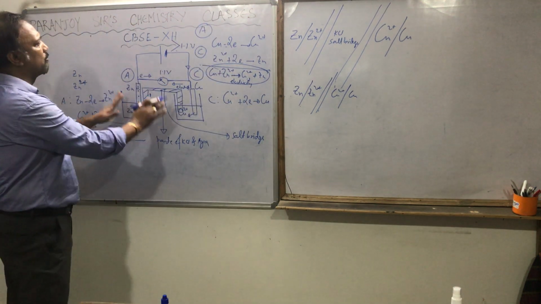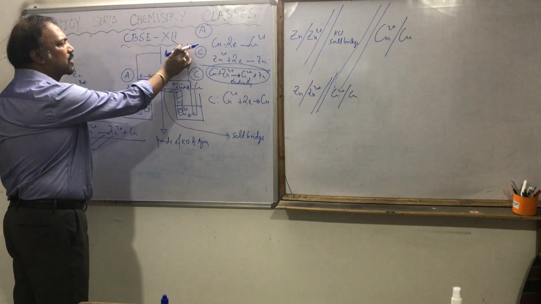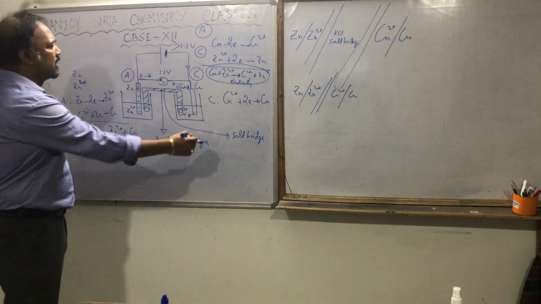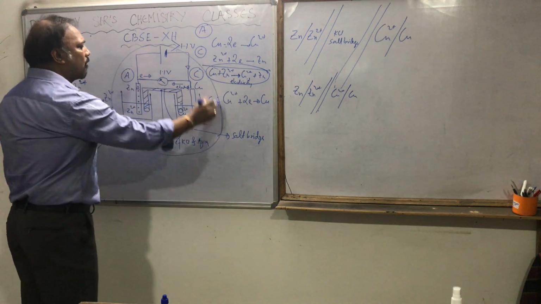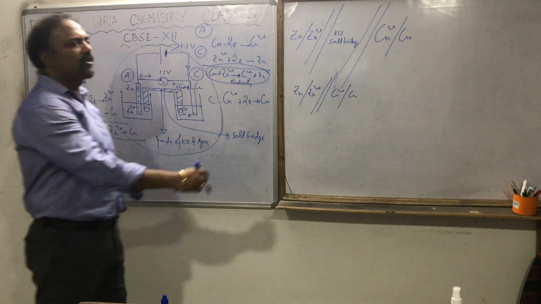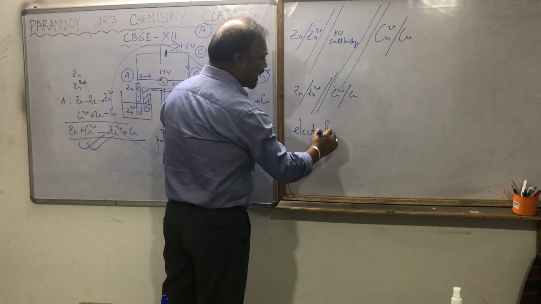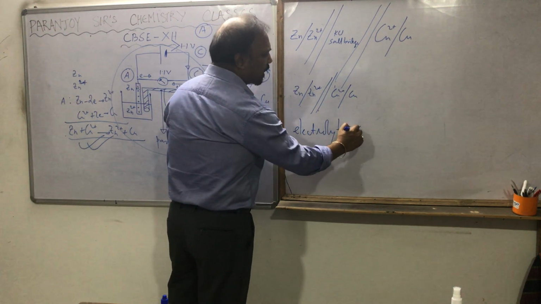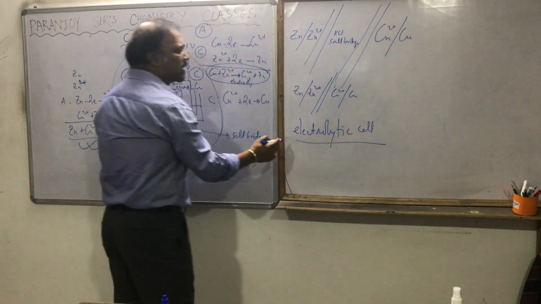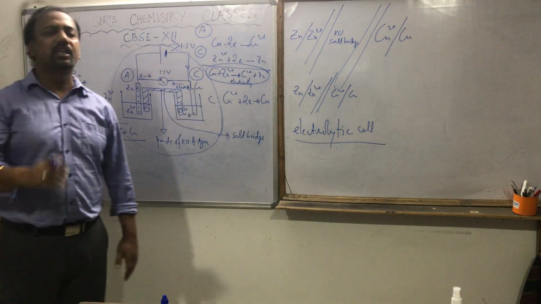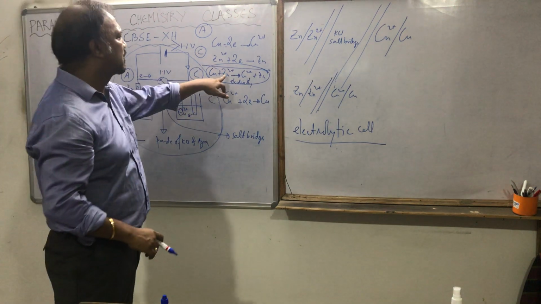So at this moment, when the external potential difference is greater than 1.1 volt, this whole cell is behaving as an electrolytic cell. Why electrolytic cell? Because here in this device now the electrical energy is converted into chemical energy.